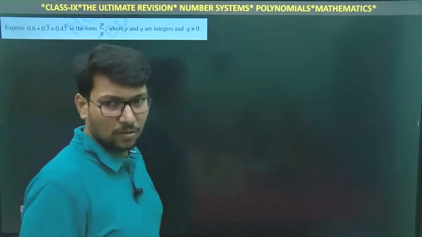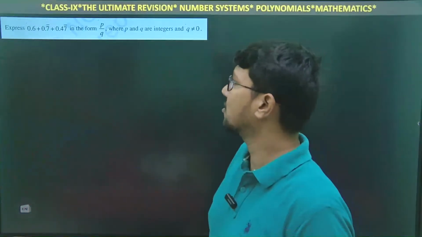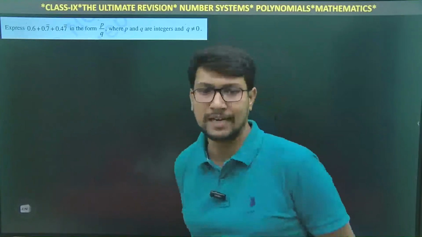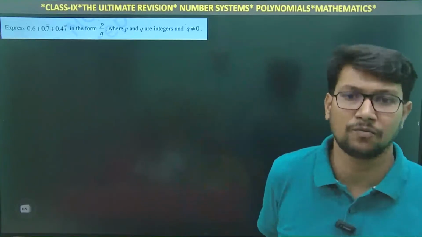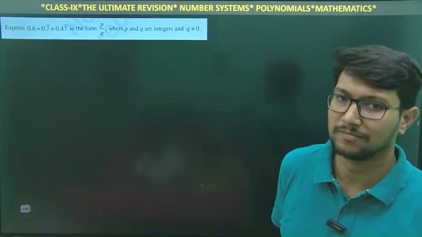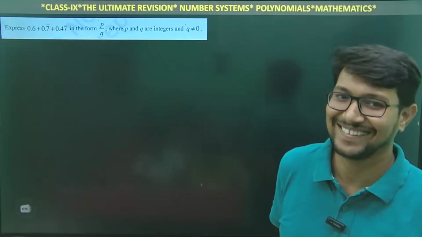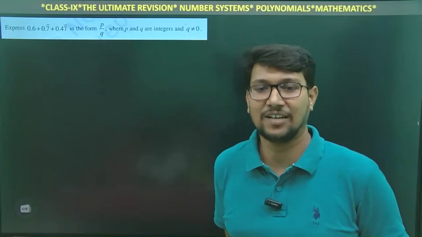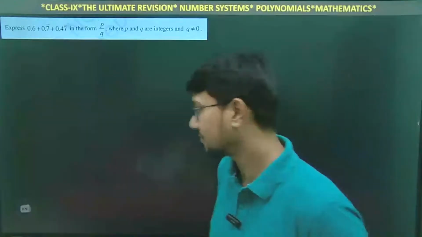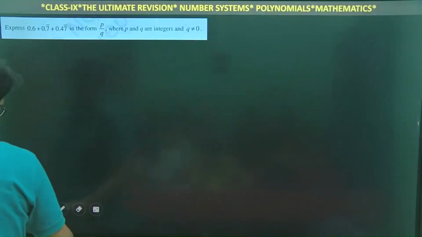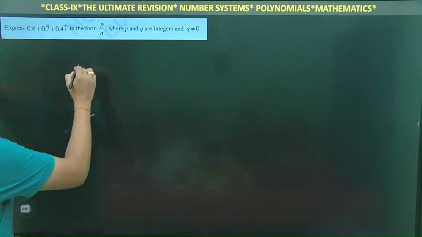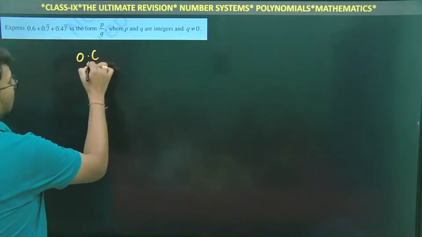This is 0.6 plus 0.7 bar plus 0.47 bar. Express in p by q form. Check karo first. In this question, 0.6 is already given in which form?